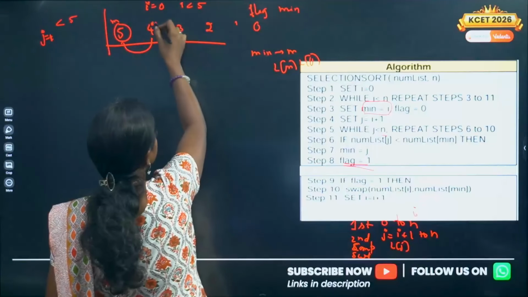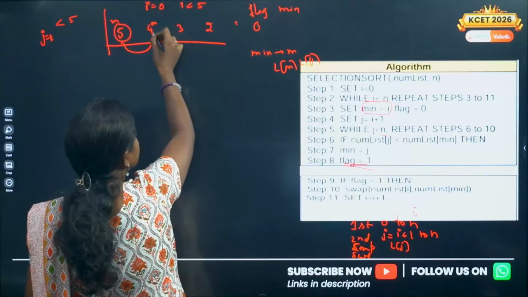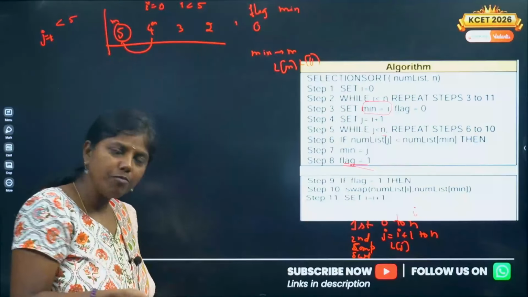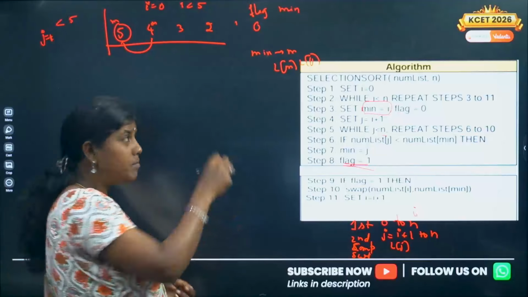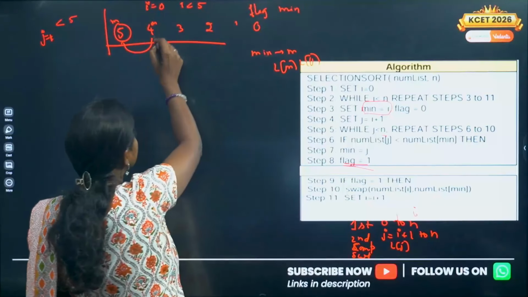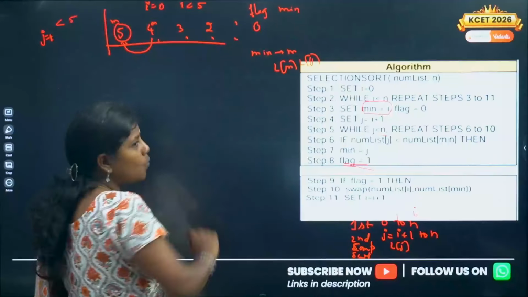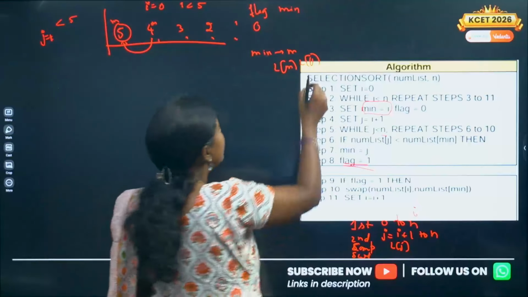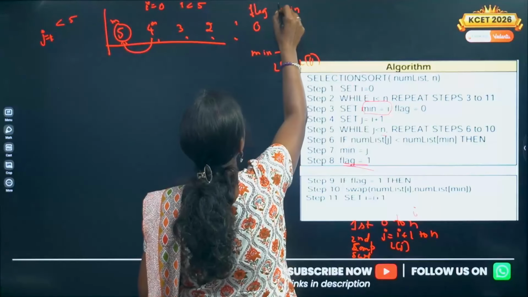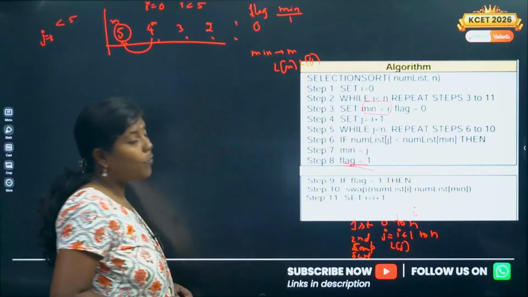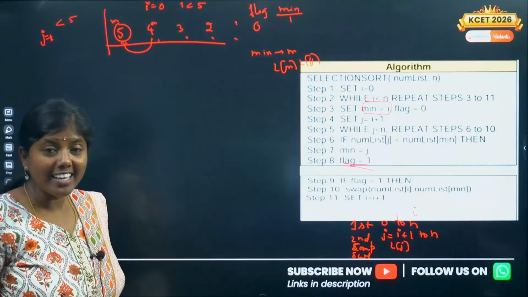See, I have changed my minimum. Now 4 is less than 5, which means the minimum has become 4 now. The index has become 0, 1, 2, 3, 4. The index is 1 now. What is the minimum element? Minimum is going to be 1 now. Index only they have taken.